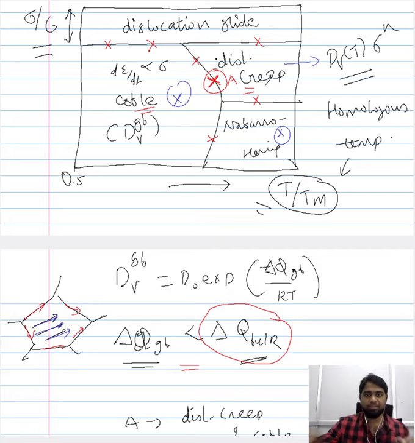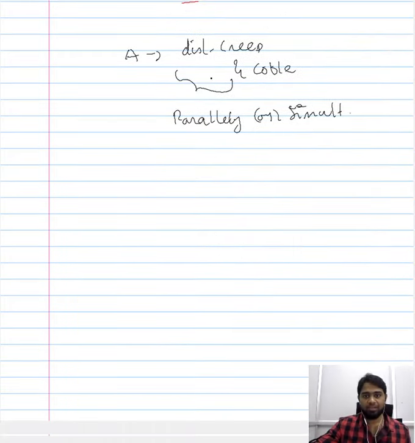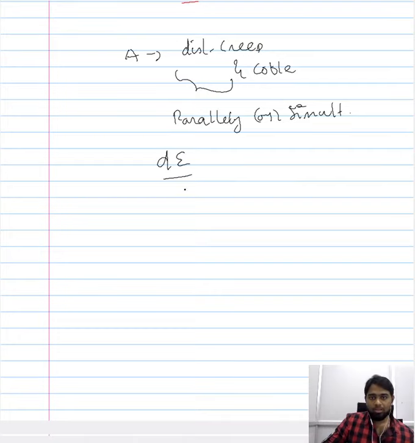Now, if you could recollect, under this condition, the overall creep rate is expressed as the summation of the creep rates rendered by the individual mechanisms.